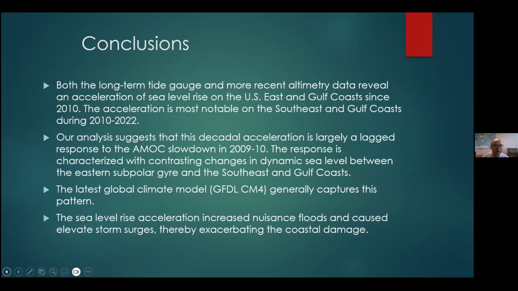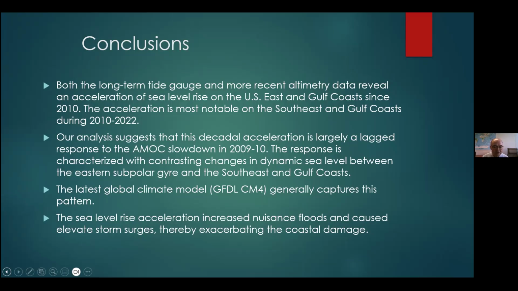Okay, so conclusions. Both the long-term tide gauge and the more recent altimetry data reveal an acceleration of sea level rise on the US East and Gulf Coast since 2010. The acceleration is most notable on the Southeast and Gulf Coast during 2010 to 2022.